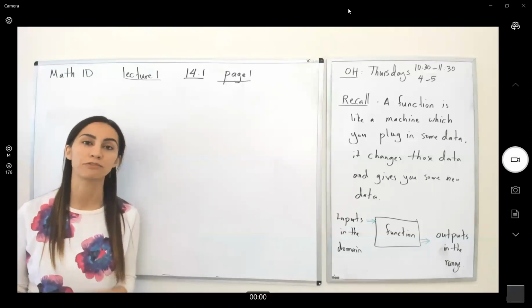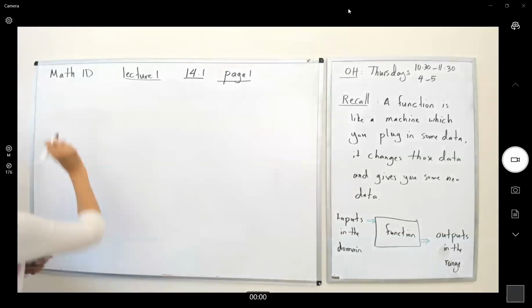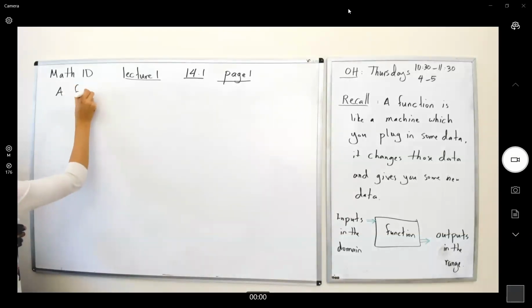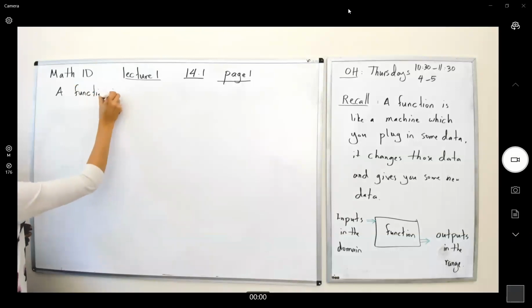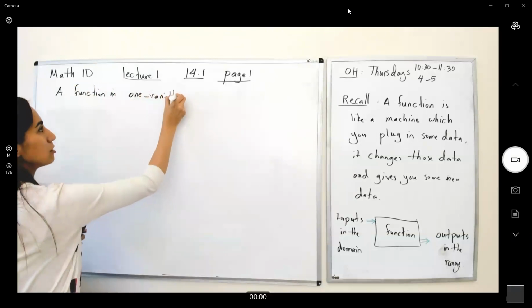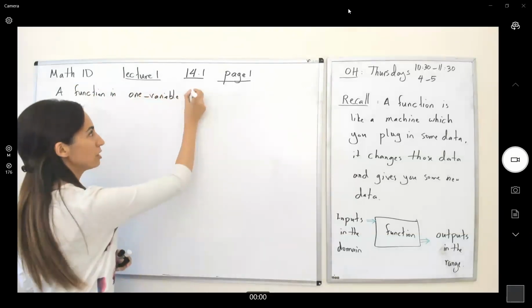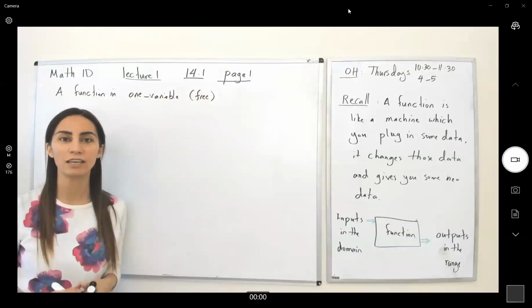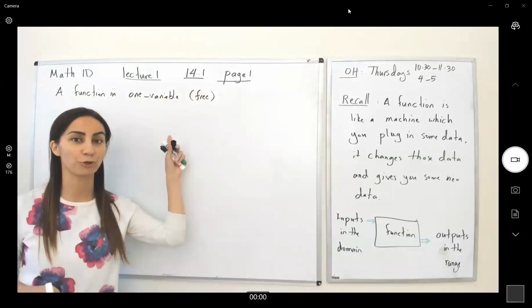You don't have three different free variables. So recall that a function in one variable, this is a free variable. Why do I say free variable? Because you can freely change the values for that one variable.